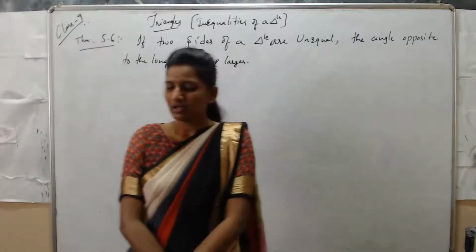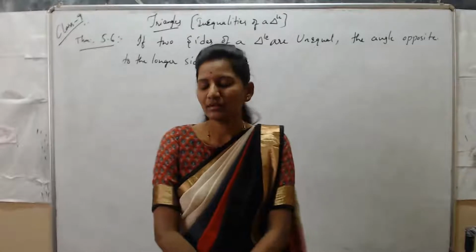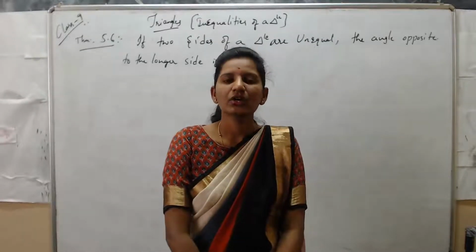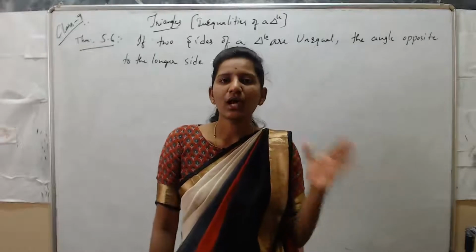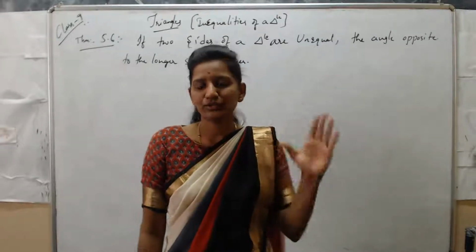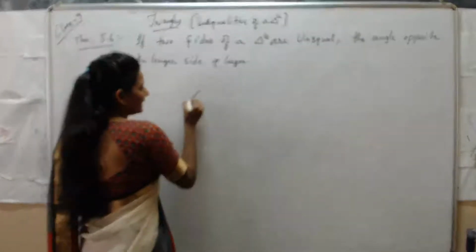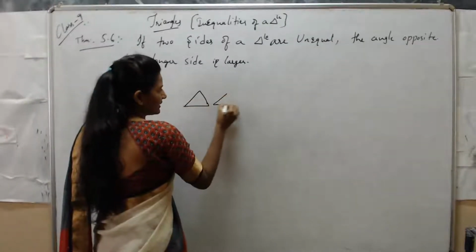Sir has done up to the third exercise. Now we are going to continue the triangles chapter. Still now you have learned only equalities of a triangle, like ASA, SAS, SSS.